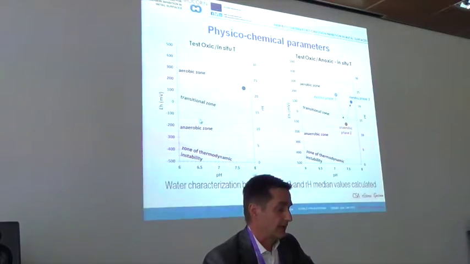These are an example of physical chemical parameters for the toxic test. These are the chemical parameters, and this is our condition.